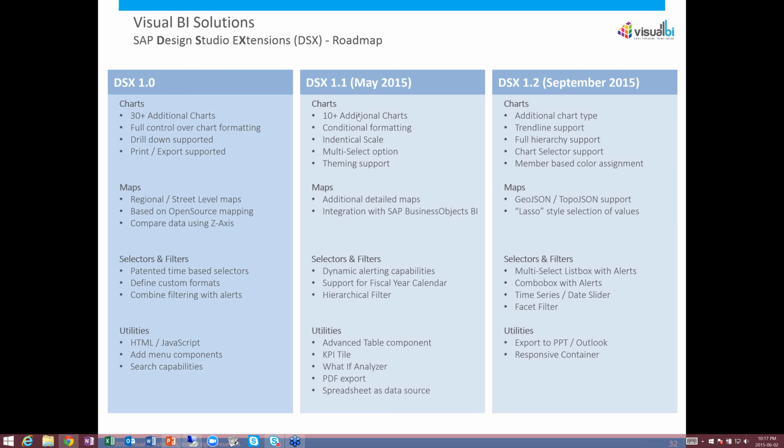The next question, pricing. We do have a very simple pricing, as I mentioned. We have a price for the complete package, which includes all our components, or per category. Remember, we have the charts, the maps, the selectors, and the utilities. The complete package is $25,000 US per customer.